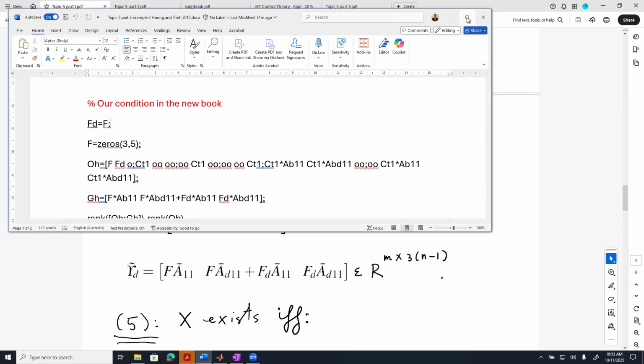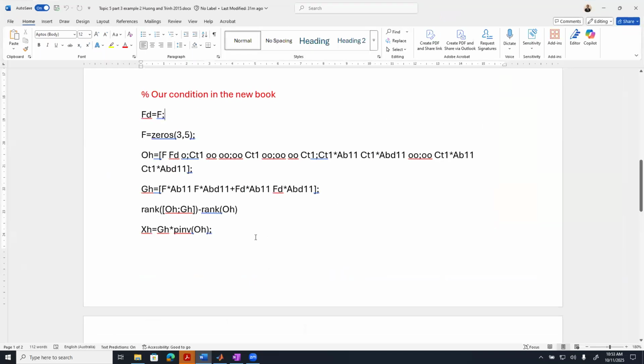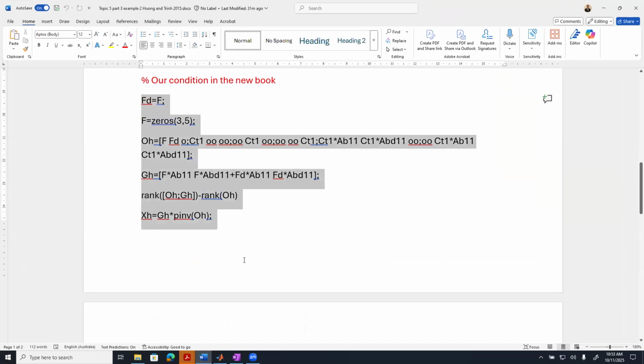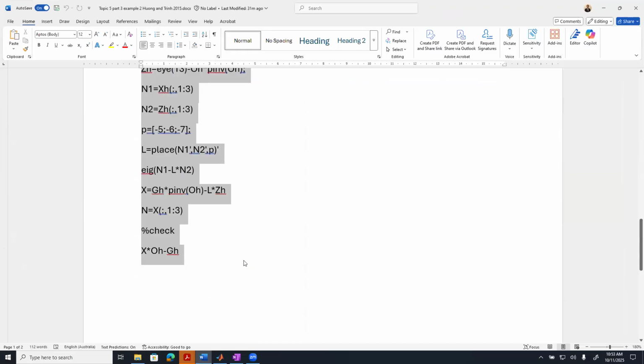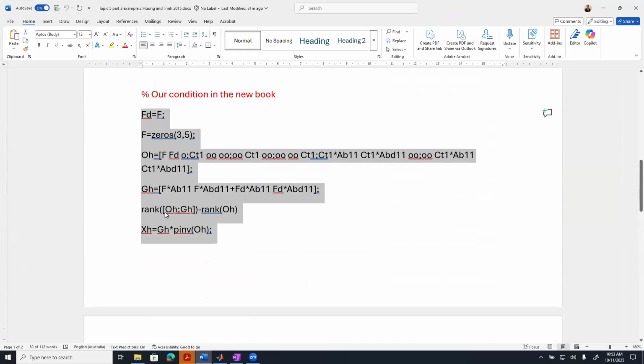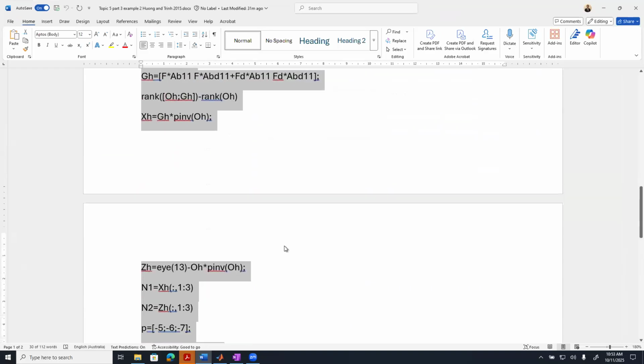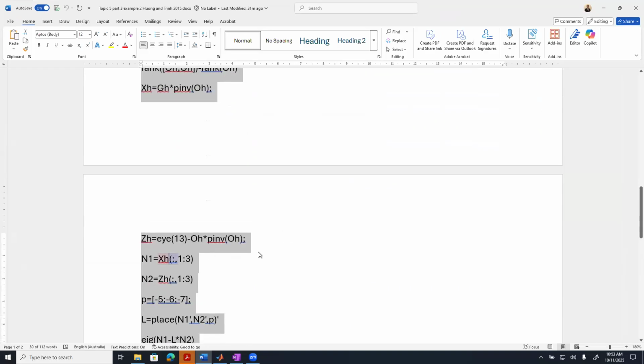So we apply our existing conditions for the one without internal delay, and then we work out the rank condition, which is this condition in here, and then we obtain a freedom in the generalized solution of that equation.